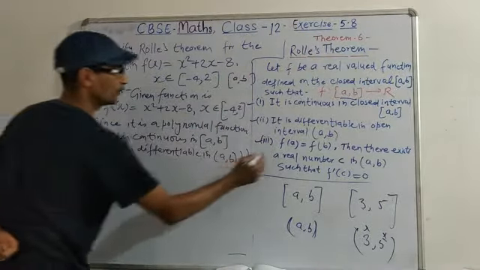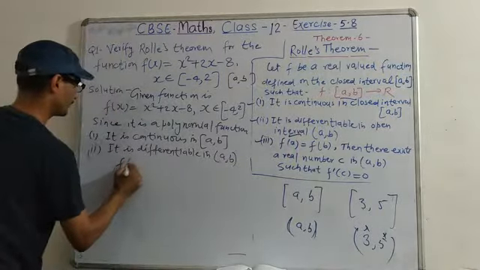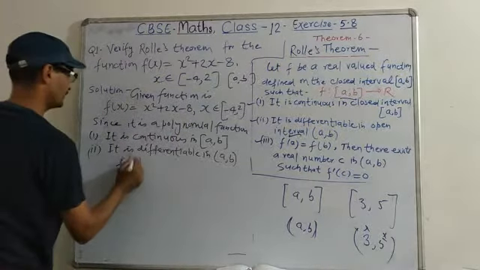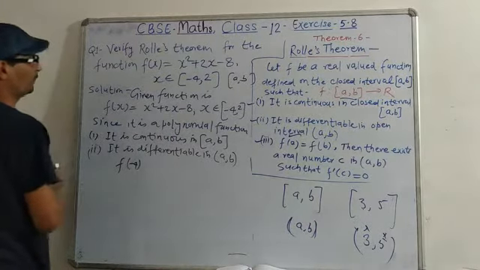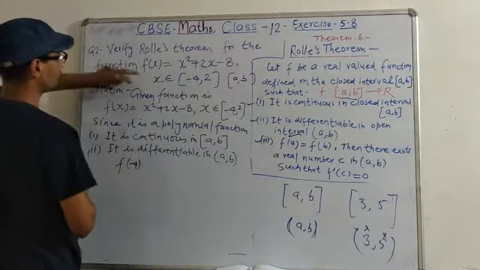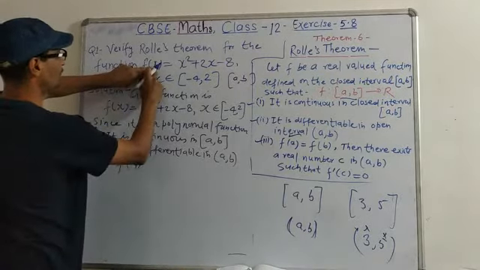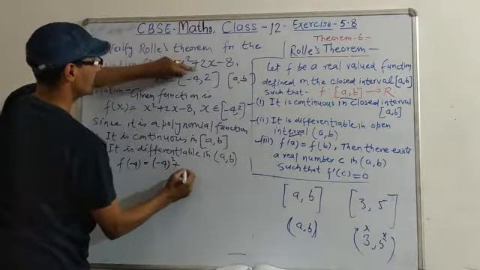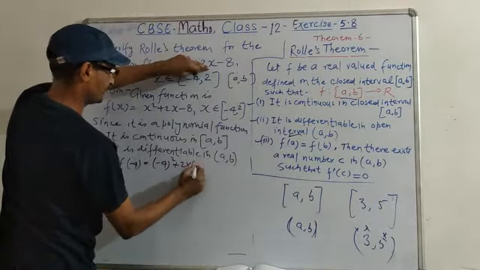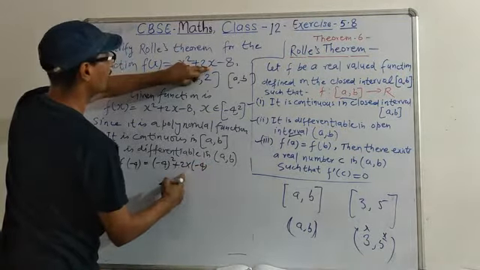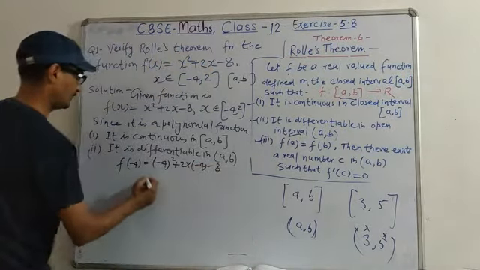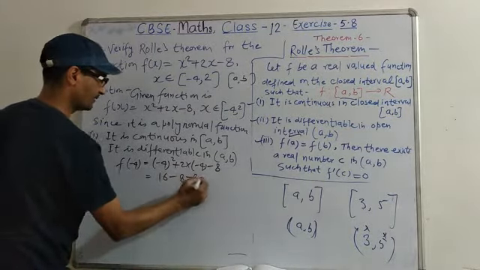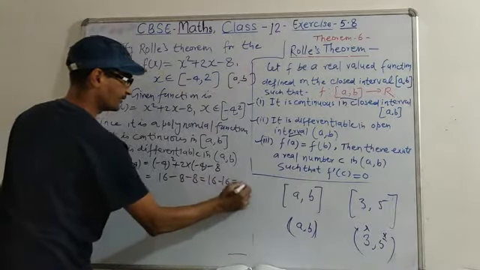That means we find f(a), which is f of minus 4. So f(x) at minus 4: minus 4 squared plus 2 into minus 4 minus 8. So 16 plus minus 8 minus 8, so 16 minus 16 becomes 0.